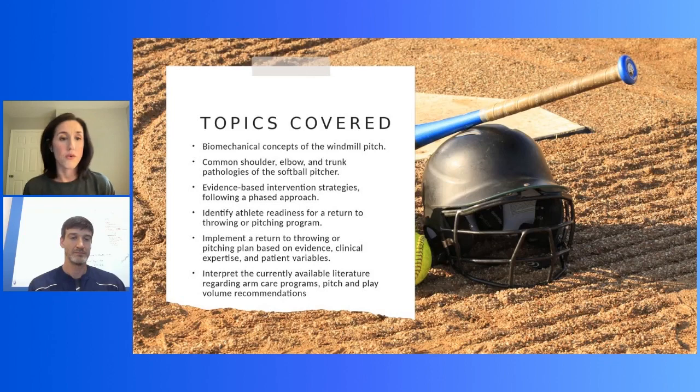Both in the throwing monograph as well as the softball monograph, we acknowledge that lower extremity injuries do occur. But for what we see in the clinic, we really wanted to give space to these trunk and upper body injuries that are specific to the throwing athletes in the first monograph, but then also to windmill pitchers as well.